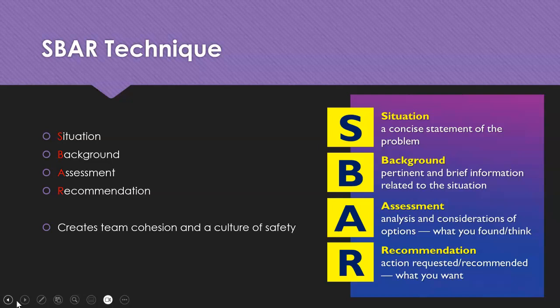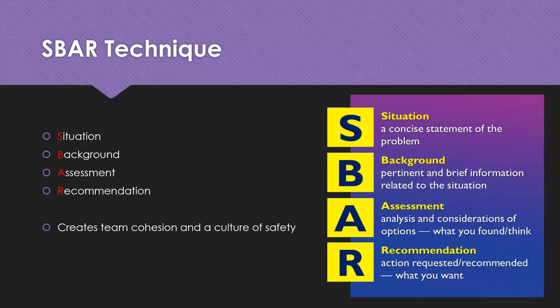And that creates team cohesion and a culture of safety. Let me give you a description. Situation is a concise statement of what the problem is. The patient came in with chest pain.